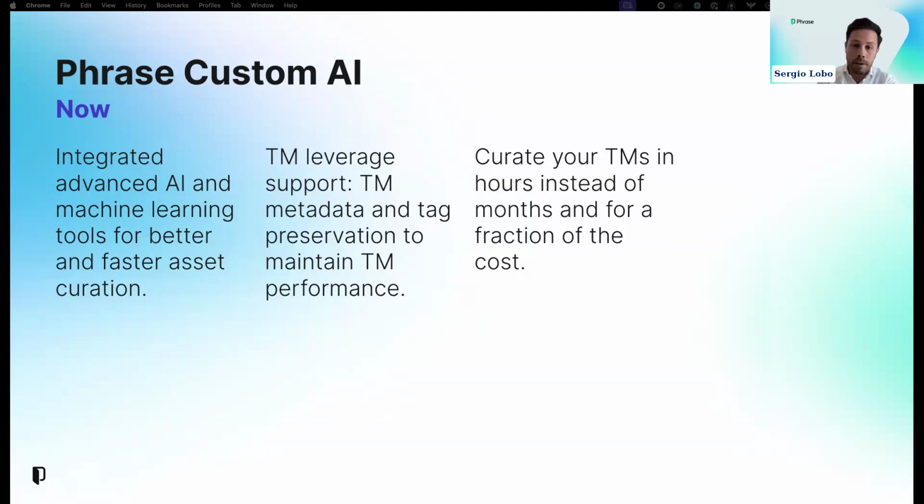Our customers can now leverage Phrase Custom AI for a new use case, linguistic asset curation. Phrase Custom AI's capabilities enable customers to curate their linguistic assets in hours instead of months. Our automated solutions help remove low-quality segments, eliminate duplicates, near duplicates, non-translatables, and also identify segments with content in an unexpected language in that TM.